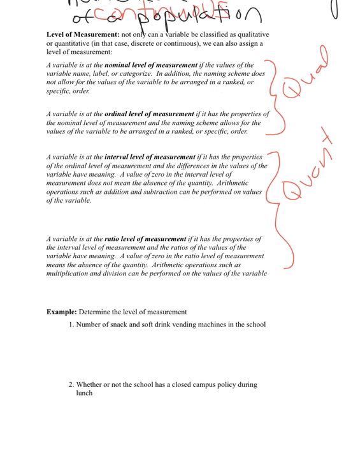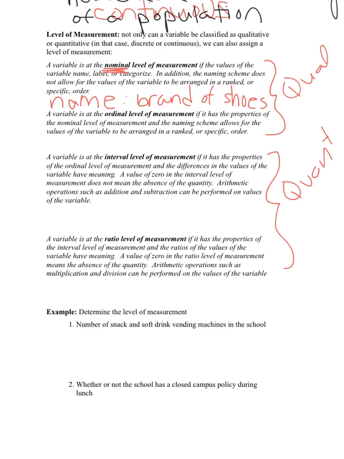All right, so then the key word to that, nominal, we can think of that as name. So all we can do is name the variable. There's no natural order. So this is like brand of shoes, eye color, et cetera, et cetera. All we can do is name it.